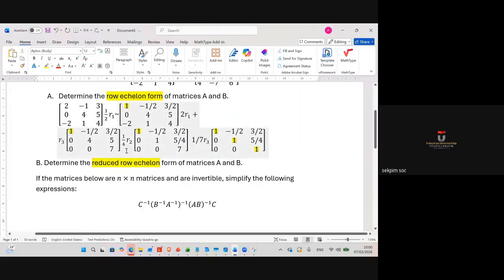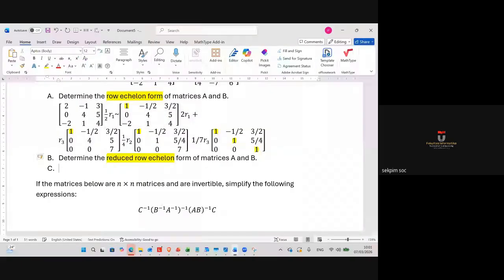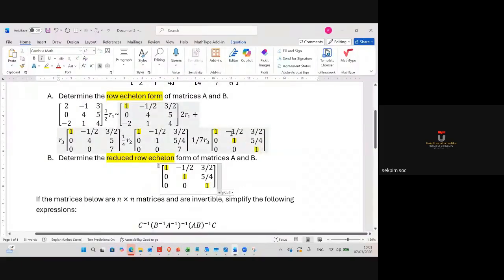Reduced means that we don't need only an upper triangle, but it should be identity, right? To make it identity, we need to make all elements above the pivot zero. So we can start from this and do the backward procedure.